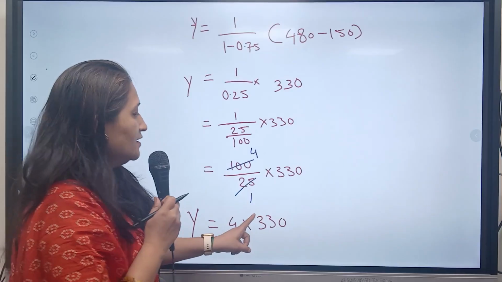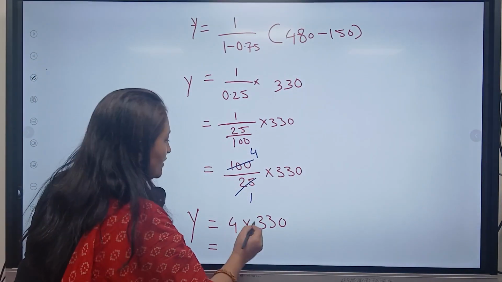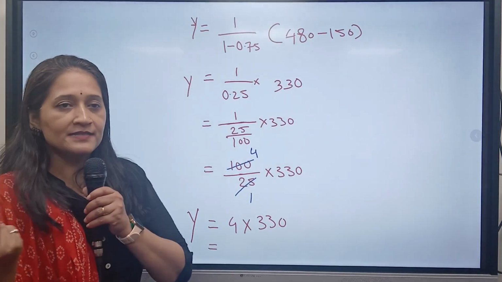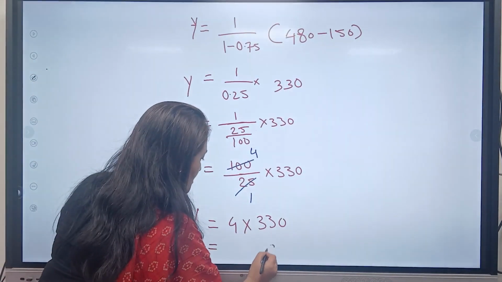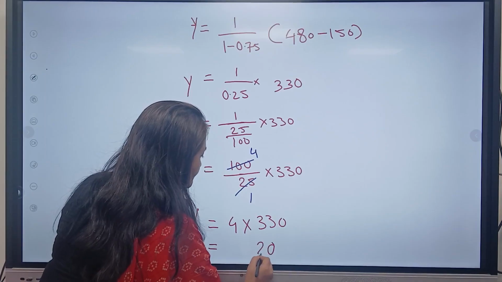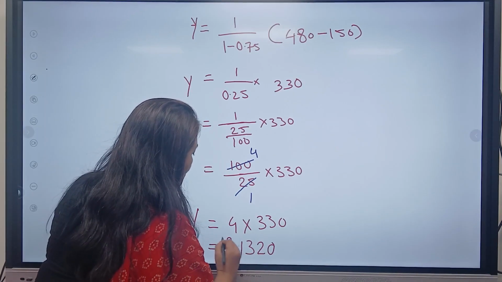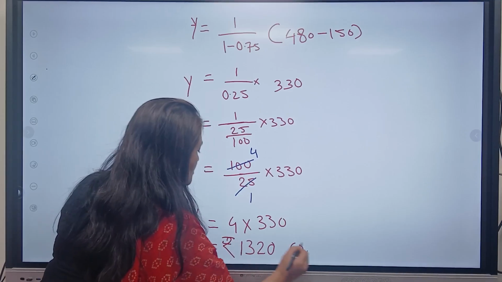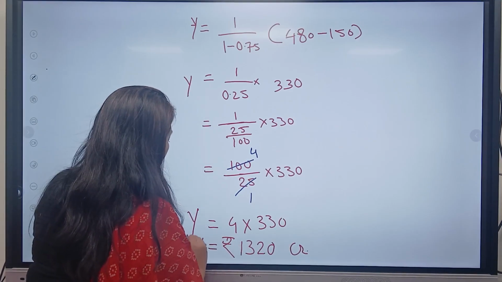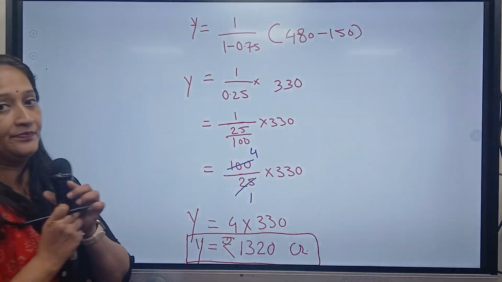Now you can see here what we can interpret from this. 4 times 330, the answer will be 1320. So rupees 1320 crore is our equilibrium level of national income.